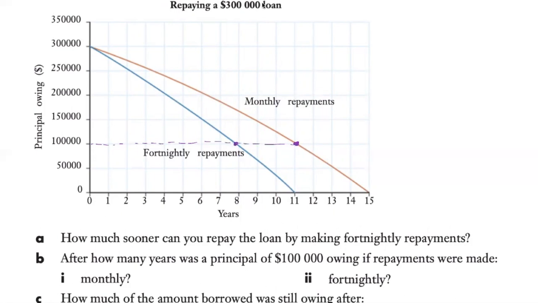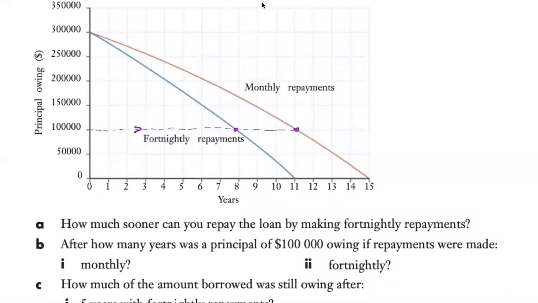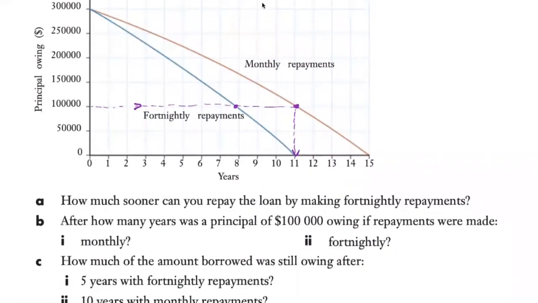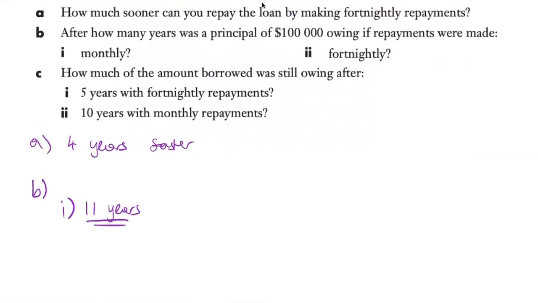For monthly, when we intersect the curve just here and draw a line directly down to the horizontal axis, after 11 years we'll have a principal of $100,000 owing. So the first answer is 11 years.